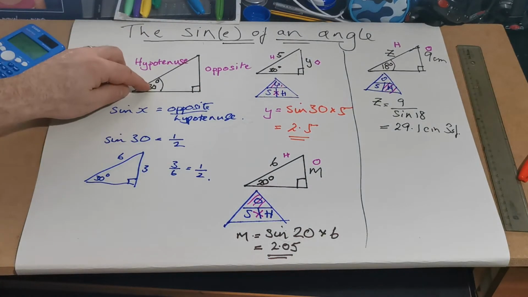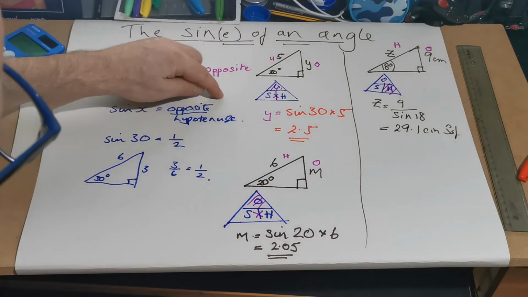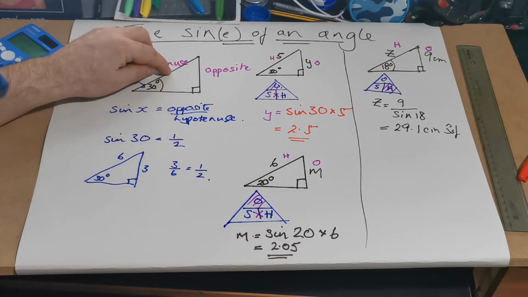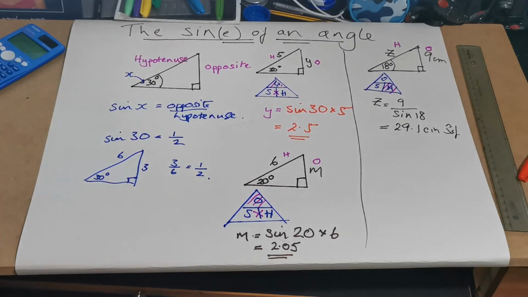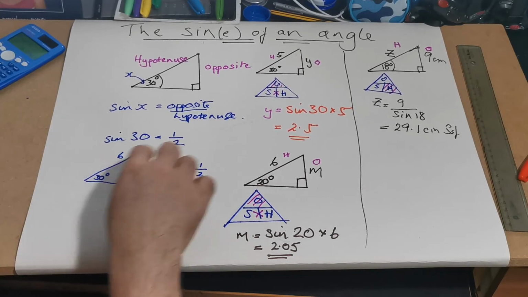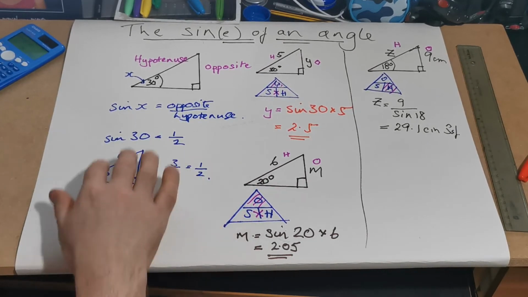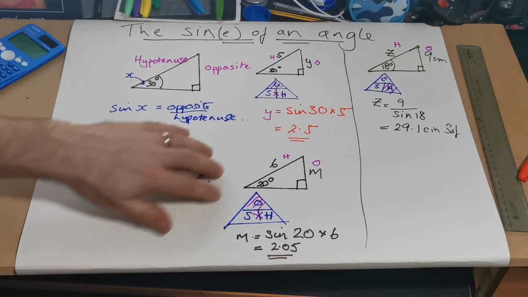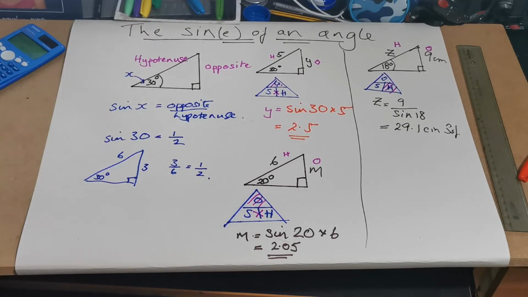So for 30 degrees, if I had a triangle this big, the opposite divided by hypotenuse would be the same as if I had a triangle that big. It would always come out the same. So I chose an example, 3 and 6 and 30, 3 divided by 6 is a half, sine 30 is a half. So that really tells us what a sine is, opposite divided by a hypotenuse.